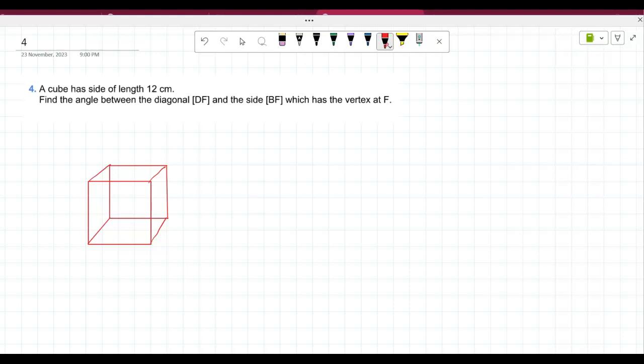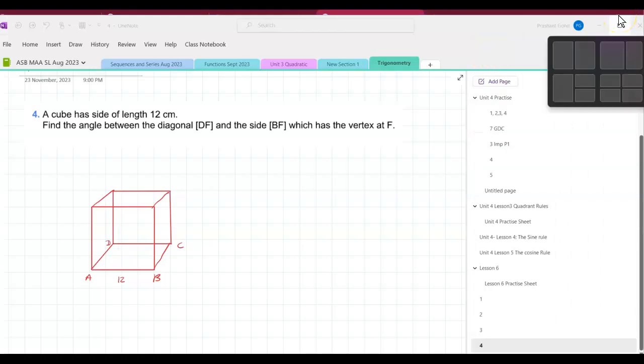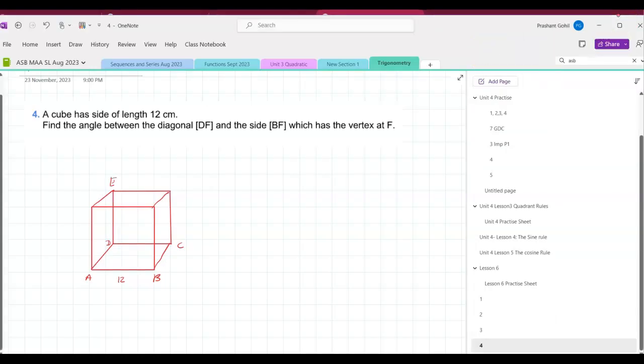Correct? So the cube has length of side 12. The angle between DF and BF. So I'm assuming A, B, C, D, E. Let's say F. So DF.